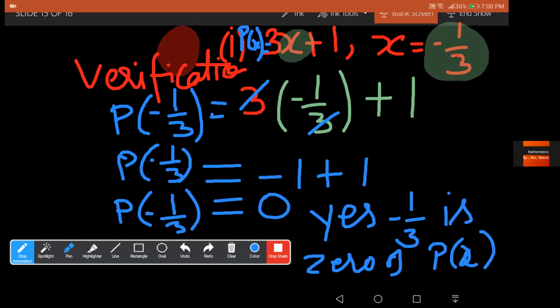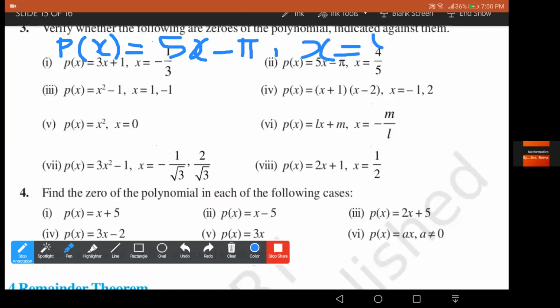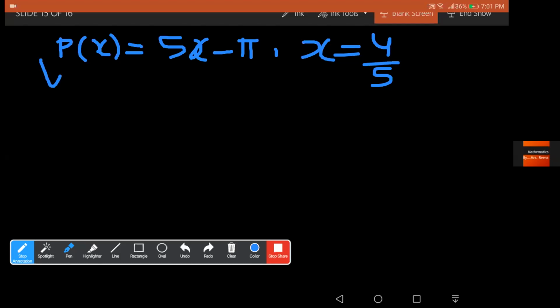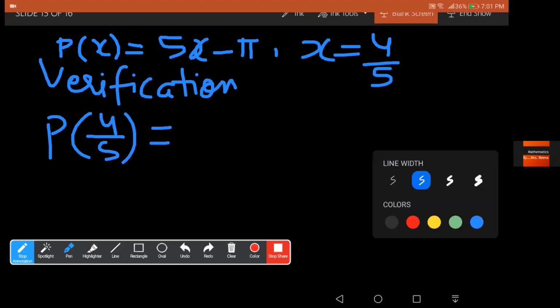Next question में क्या given है देखते हैं. Here in the second part we have px is equal to 5x minus pi. और हमें वेरीफाई किसके लिए करना है? वी हैव टू वेरीफाई फॉर x इक्वल टू 4 by 5. ओके, एंड हाउ टू डू इट? सो लेट अस डू द वेरिफिकेशन. सो वेरिफिकेशन के लिए हम क्या करेंगे? वी विल फाइंड द वैल्यू ऑफ p of 4 by 5. ठीक है, तो हमने क्या करना है?